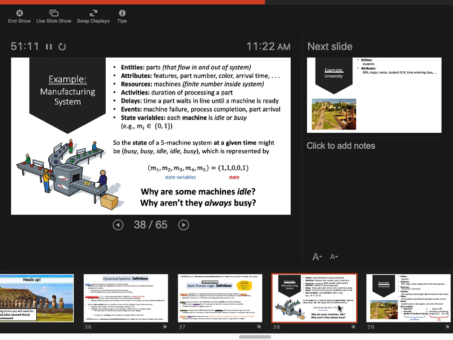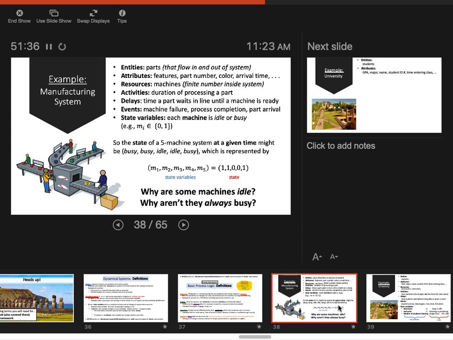If you don't even know statistically how long things might take, or if your stats depend on the state, like if someone asks how long it will take to wait in the security line, and you say that if there are 10 people ahead of you it's going to take 15 minutes, and if there are 5 people ahead of you it's going to take 2 minutes, that tells me you're modeling a delay and not an activity.